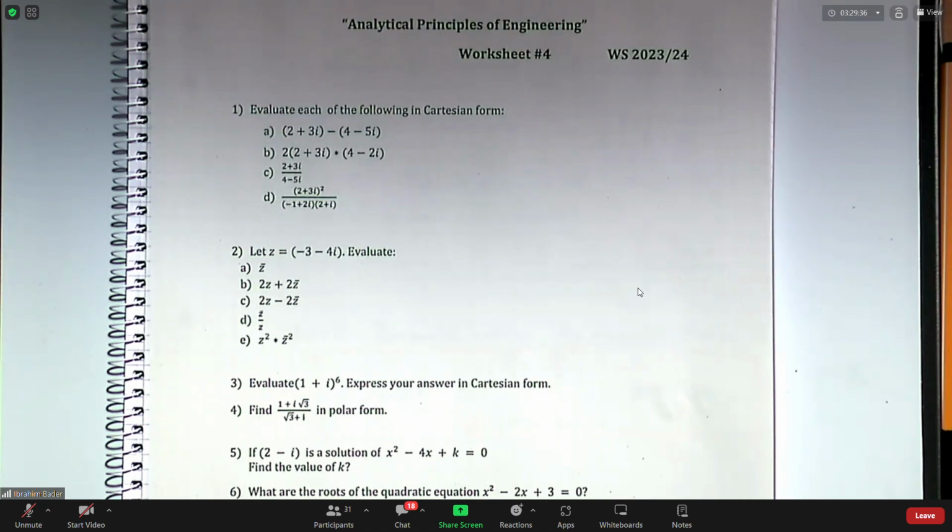For now, we will focus on worksheet number 4, which basically deals with the basic operations. I think there's some multiplication there and simple division.